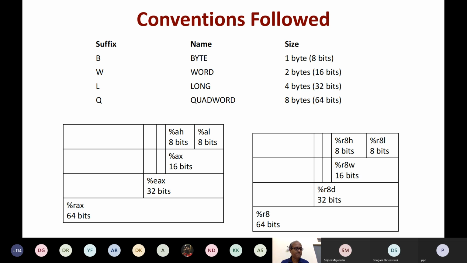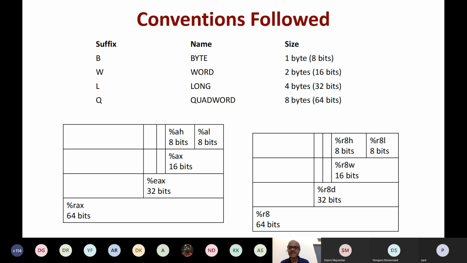Now the same kind of naming convention you can use for the other registers also. Like here on the right, I have taken an example for this R8 register. Well, if you write just %r8, it will mean the whole R8 register, 64-bit. But if you write %r8d, D refers to double word. It means the low order 32 bits.